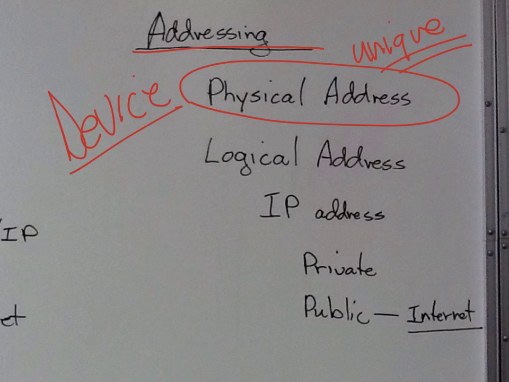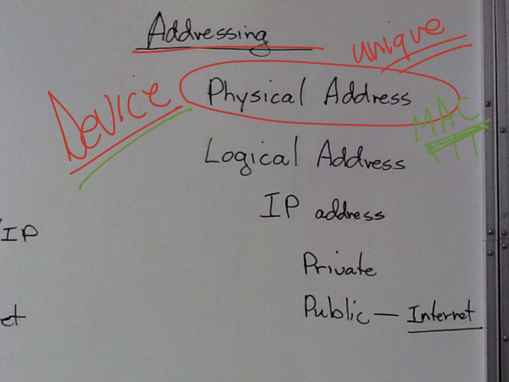These are often called media access control address, or a MAC address. Not a Mac computer, a MAC address. Media access control. Okay? So all devices have them. Okay, and then we took a look at the computers here in the classroom today to look at those.